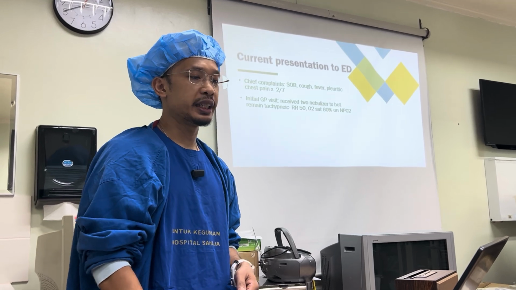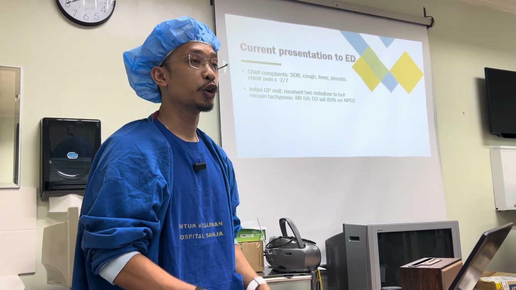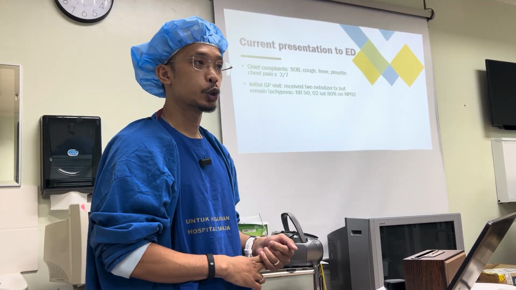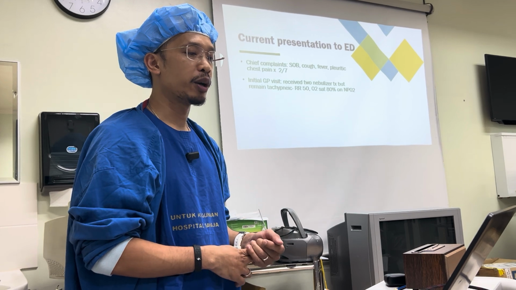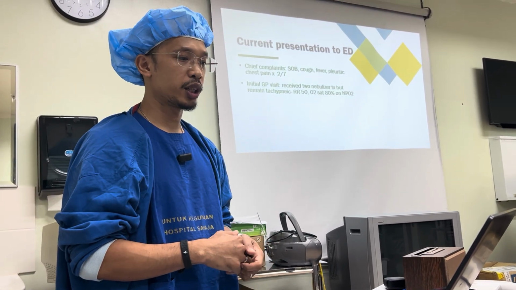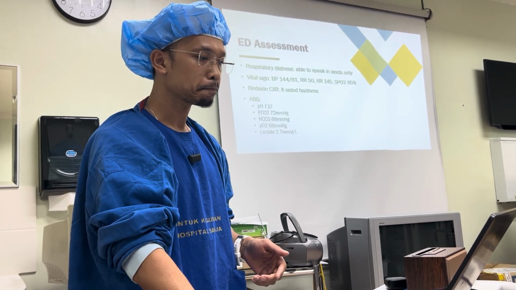He came to ED with shortness of breath, cough, fever, and pleuritic chest pain for the past 2 days. He first saw a GP where he was given two nebulizer treatments, but he remained tachypnoeic with a respiratory rate of 50. His oxygen saturation was 80% on nasal prong oxygen.